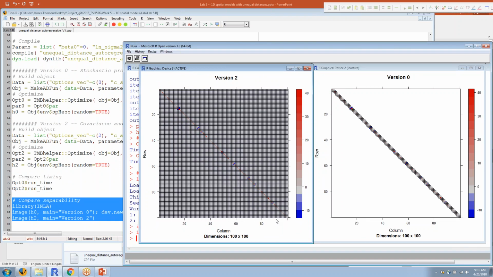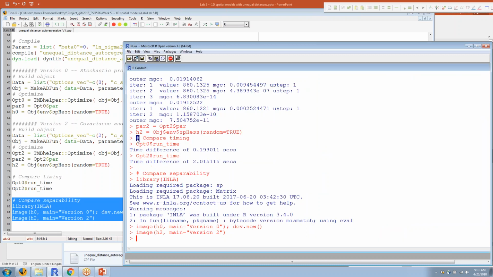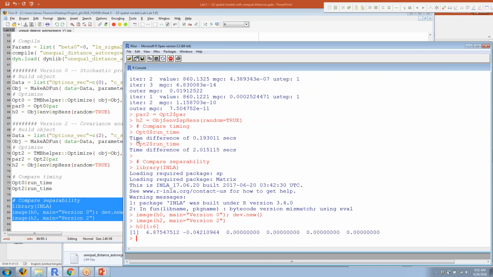The plot of the Hessian matrix for version 2 has a bunch of cells in the off diagonal that look like they're about 0, but it only really matters this tri-diagonal pattern in the middle that version 0 also has. You can confirm whether they're giving the same answer by inspecting them by eye.